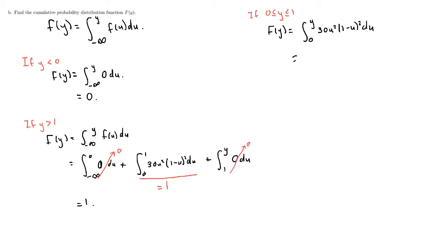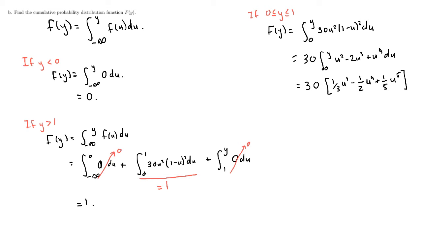And that will be equal to 30, and now we've got 0 to y. And if we expand those brackets, we'll get u squared minus 2u cubed plus u to the 4 du. And we can solve this very similarly to how we did in part A. So that'll give us a third u cubed minus a half u to the 4 plus 1/5 u to the 5 evaluated at 0 and y.